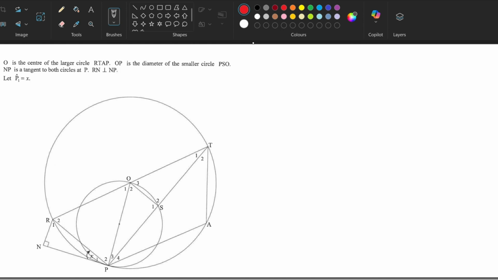The second step is to analyze the diagram, and the third step is to tackle the questions. I don't want to see a student trying to read the statement while answering the questions, or analyzing while trying to answer the question. So let's tackle this question.